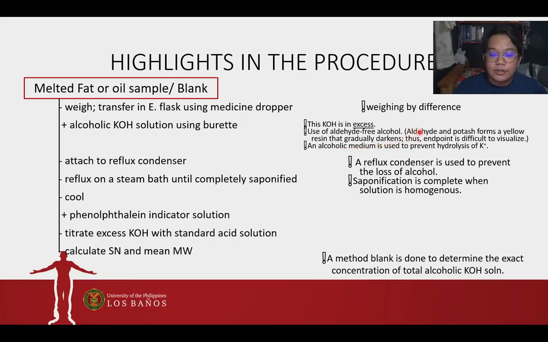Okay? So, pinakita naman sa video link in your study guides and your module kung paano ba ginawa yung aldehyde-free alcohol. Okay? And then yung aldehyde-free alcohol will then be used as solvent for the preparation of your alcoholic potassium hydroxide solution.